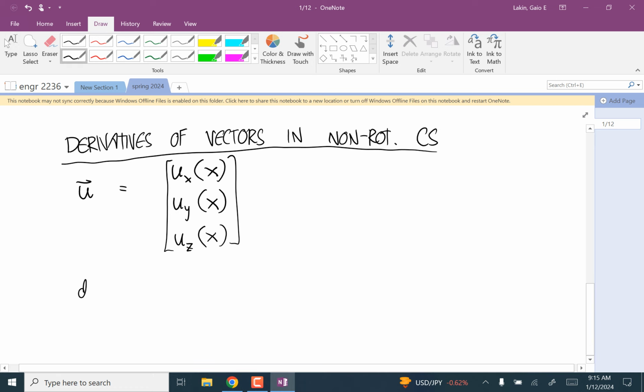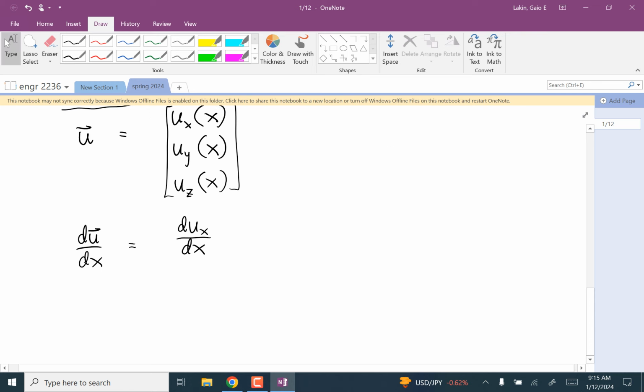Then the derivative of this vector with respect to x is just equal to, for the first component, dux dx. For the second, duy dx. And for the third, duz dx.